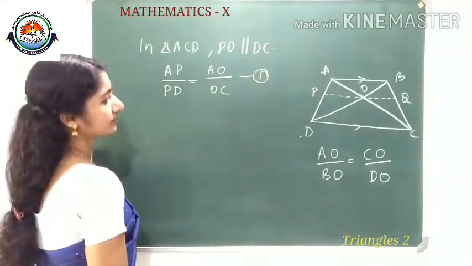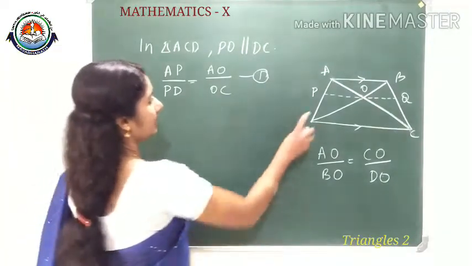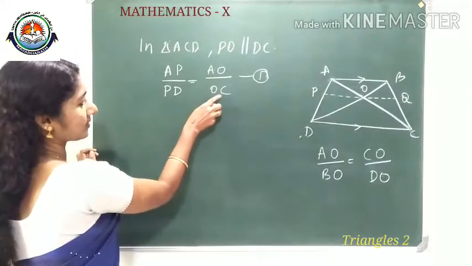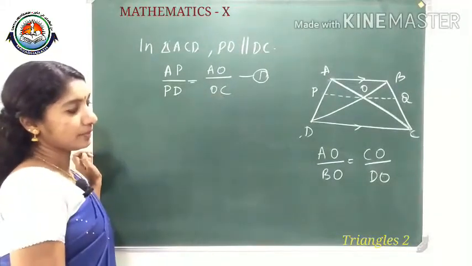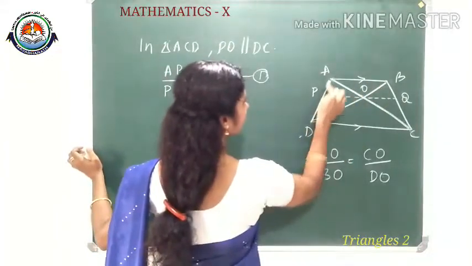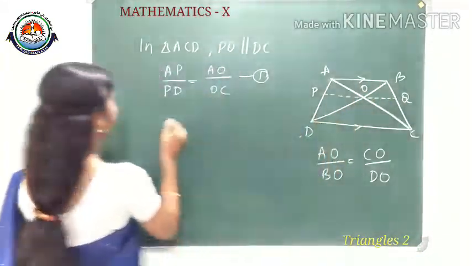And next, we need to get AP by PD the next time also, then only we can equate this one to BO by DO. Okay, so for that we can consider this triangle ABD.